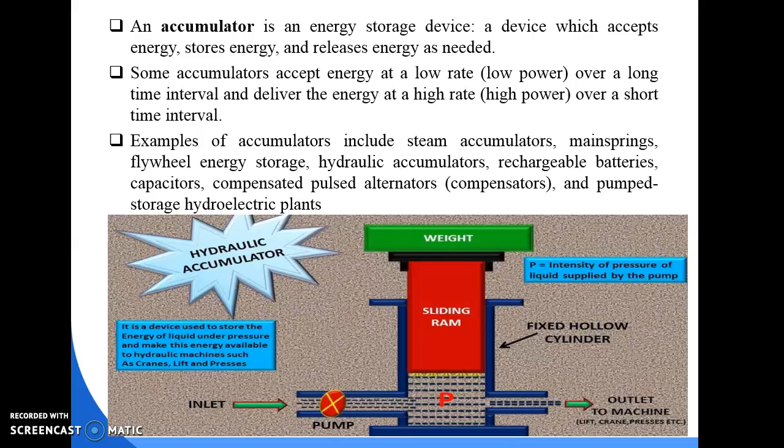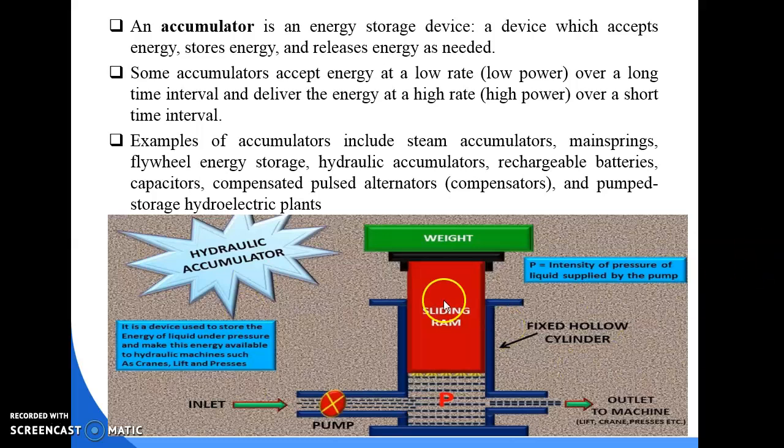For example, energy storage devices include mainsprings, flywheel energy storage, rechargeable batteries, capacitors, compensated pulsed alternators or compensators, and pumped storage hydraulic plants.